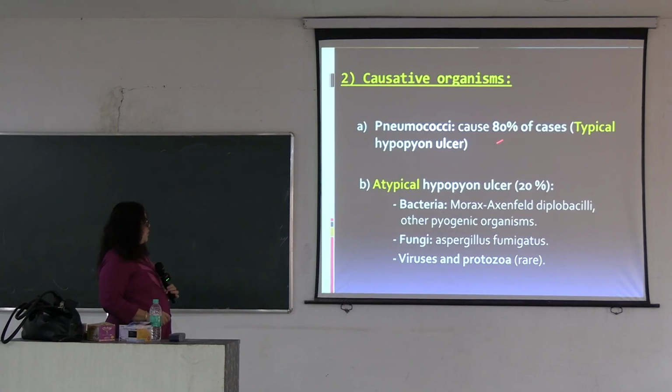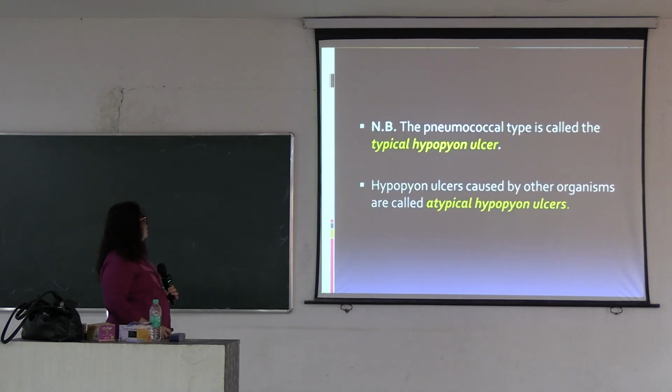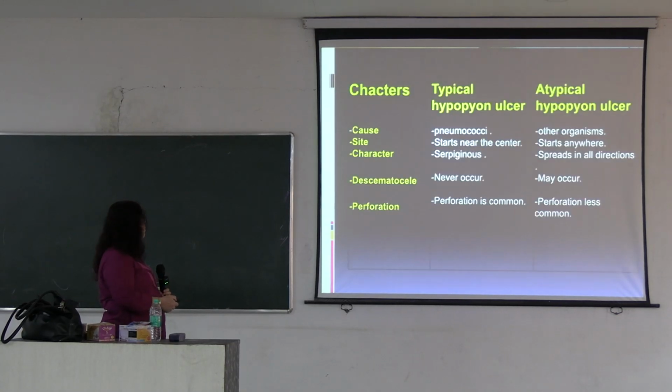If hypopyon corneal ulcer is caused by these organisms, it is called atypical, and if caused by pneumococci, it is called typical hypopyon corneal ulcer. Pneumococci, we already discussed this.